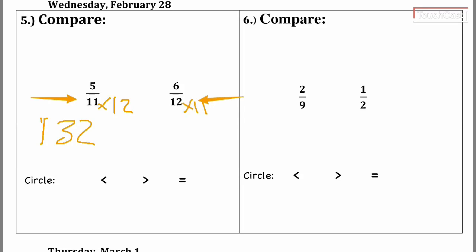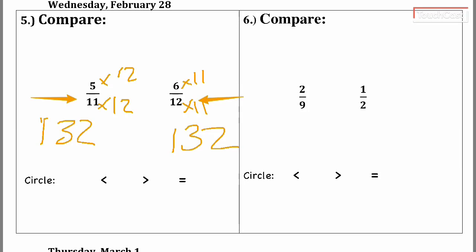And you know with fractions, what you do to the denominator, you must do to the numerator. So the only thing I have to worry about is, because I know both of my denominators are going to come up to 132, I have to do 5 times 12 and then 6 times 11. Because what I did to my denominator, I must do to my numerator.